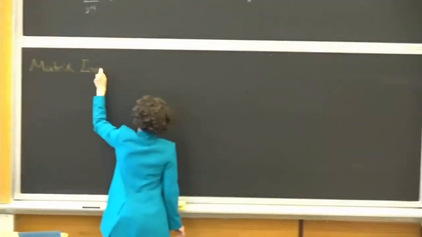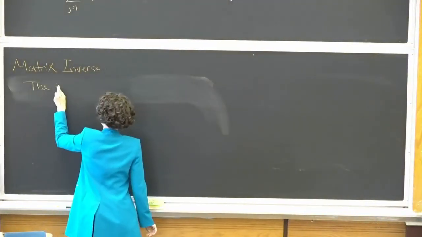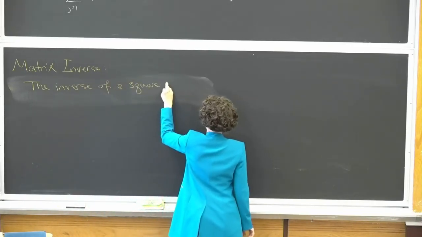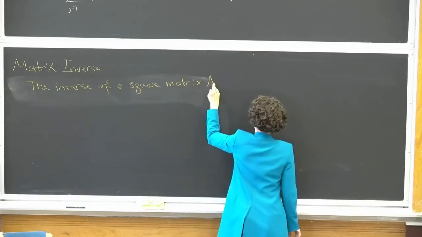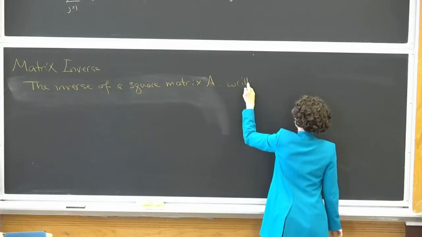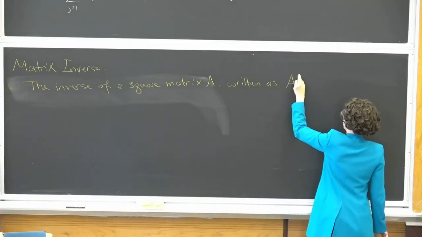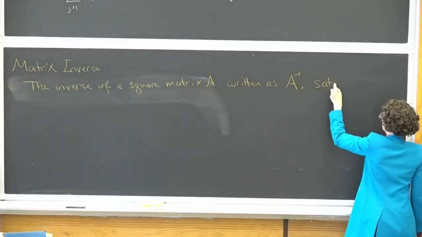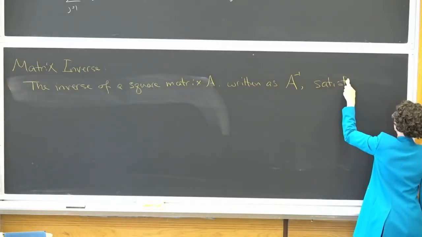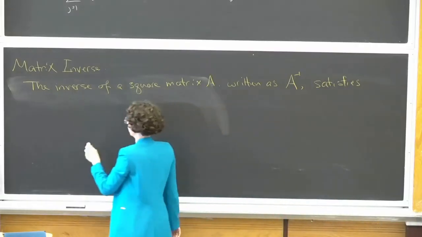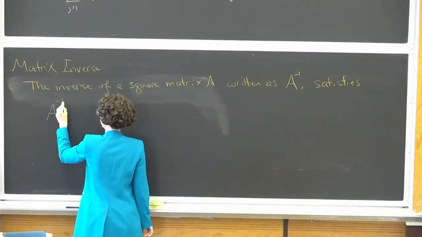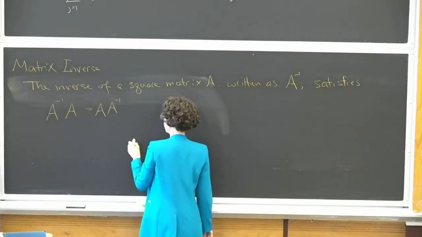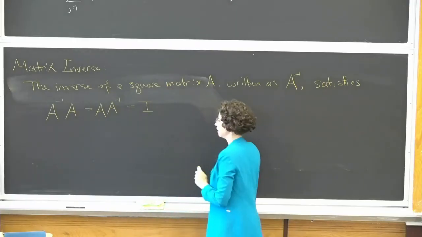Matrix inverse. The inverse of a square matrix A, which we write as A to the power -1, is the matrix that satisfies that if I take A inverse and multiply it by A, or take A and multiply it by A inverse, either way I get an identity matrix.